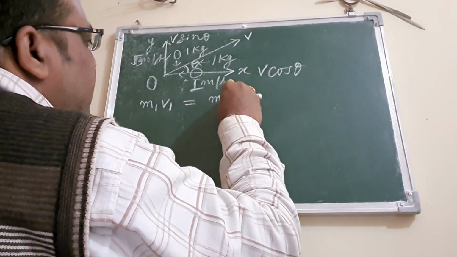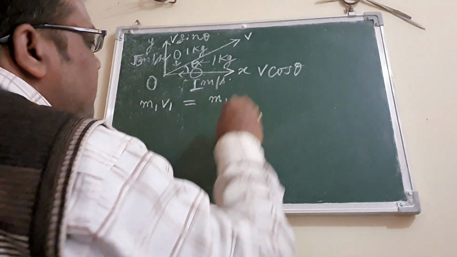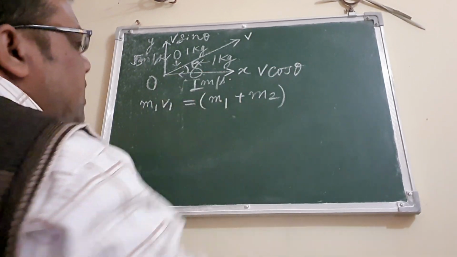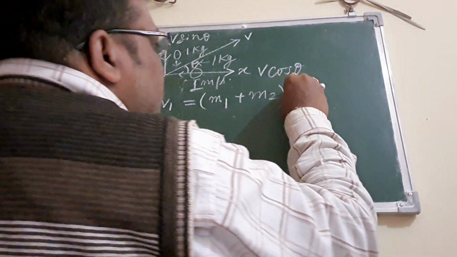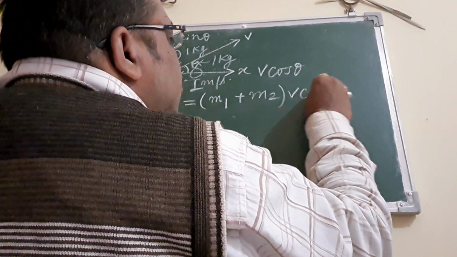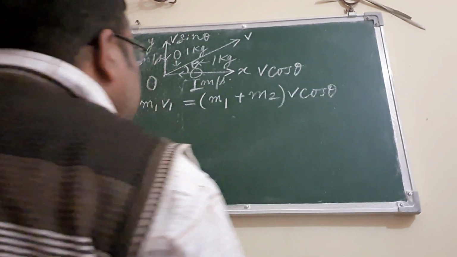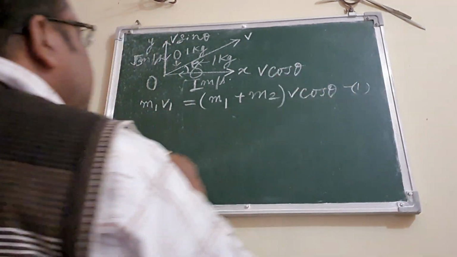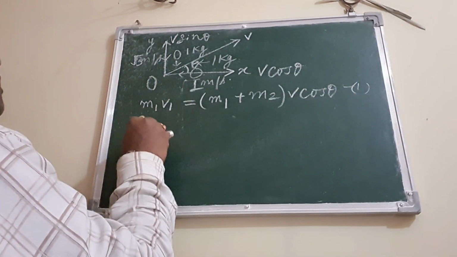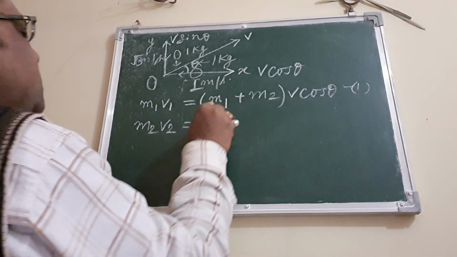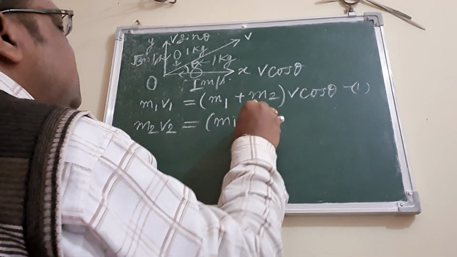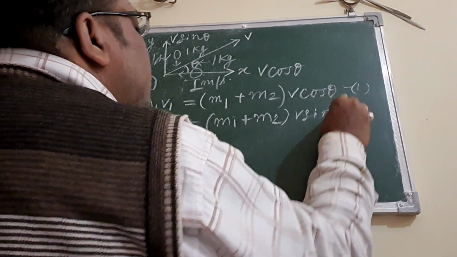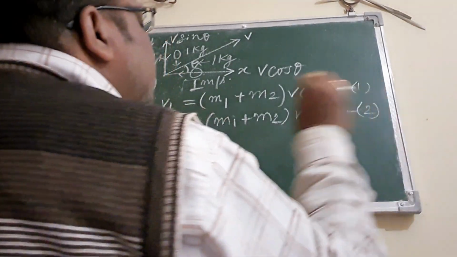They will collide and both the masses will add together, with the final velocity v and its component v cos theta. This is our first equation. Now the second equation: m2 v2 is equal to (m1 plus m2) into v sin theta. This will be our second equation.